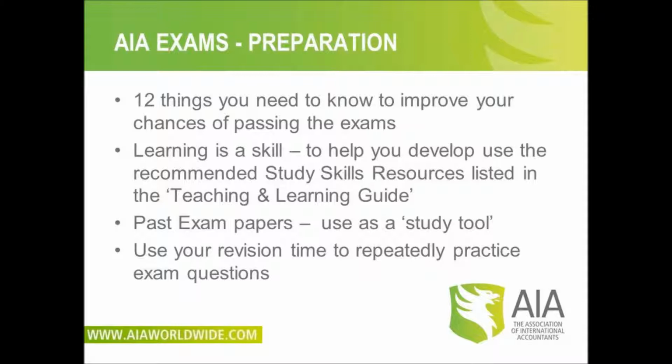The sixth point is independent reading. I read all of the markers' reports and study what the examiners have said in terms of how students have performed in the exams. And one of the key things is that the students don't do enough independent reading. So if you go to the syllabus and you go to the reading list at the end of the syllabus, you will see some recommended reading texts.